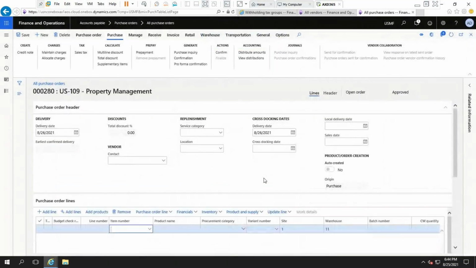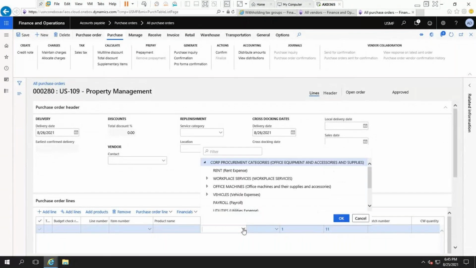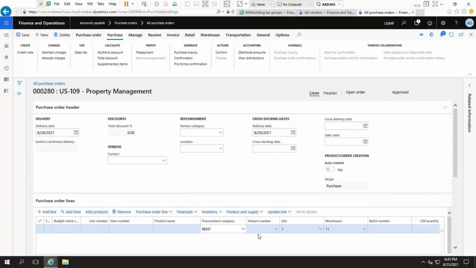Now I'm not selling any item, I'm taking services. Suppose he takes care of my rent maintenance and collects everything. For that service, rent expenses, I'm selecting rent. He is collecting rent and passing the amount to me, and for that he is maintaining the property management.